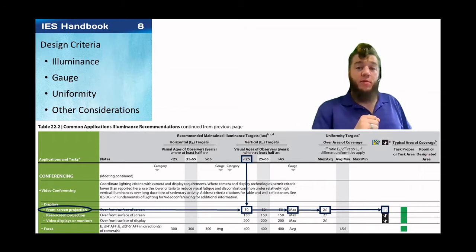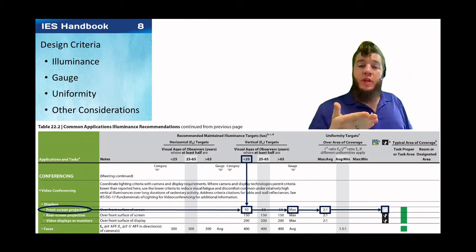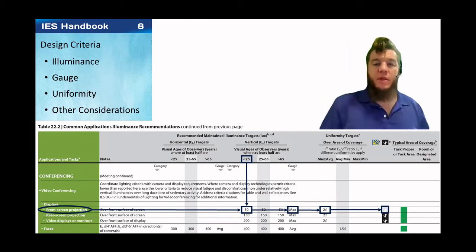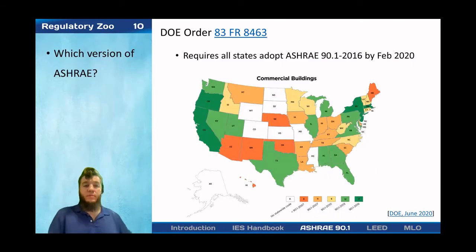In the case of front screen projection, it's indicating below me that glare is a thing you should consider, but maybe not the dominant consideration. That's why it's grayed out. But you still should consider glare on basically any kind of screen.